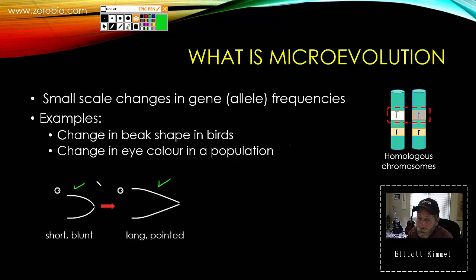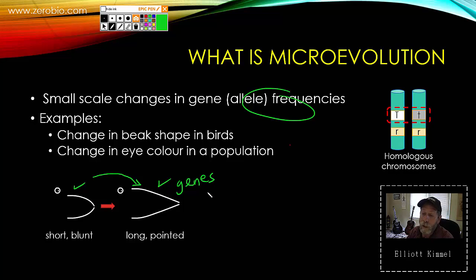Now, we'll talk more about how you go from this one to this one, but that is an example of microevolution. We're not saying you are turning from a bird with a short, blunt beak into a dog with no beak at all. We are looking within a group of organisms, small changes. Now, we haven't yet seen a change in gene frequency, but of course, this beak or this beak would be caused by genes.